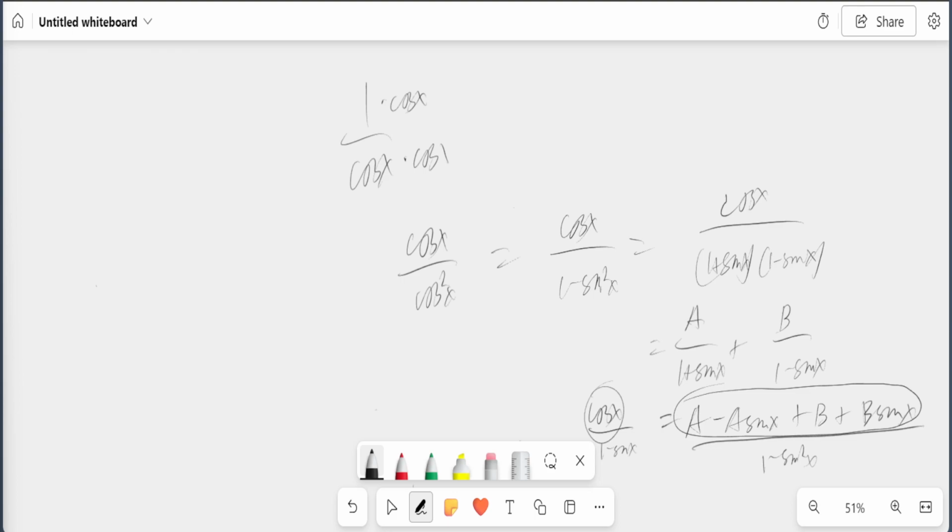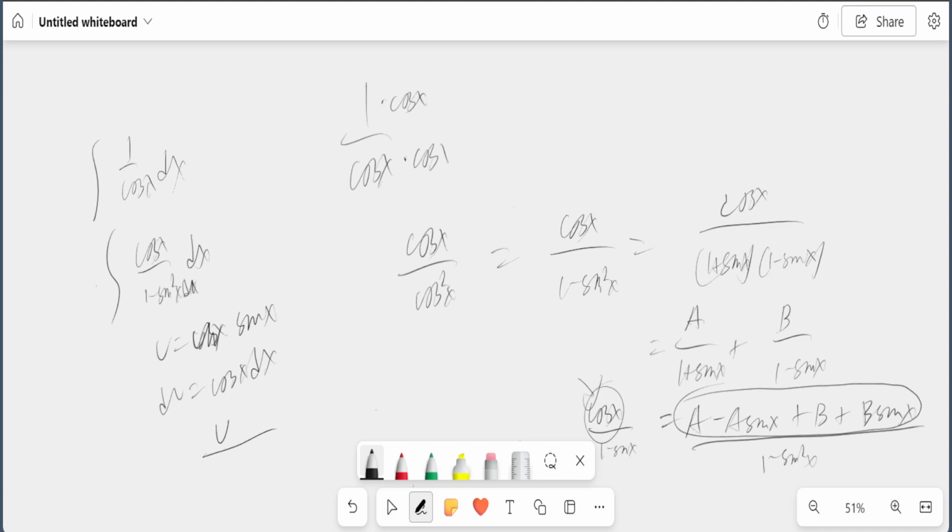This isn't that bad, because instead of splitting this into partial fractions, you can change it into u. So take cosine x over 1 minus sine squared x dx, and make u equal to sine x, so du is equal to cosine x dx.